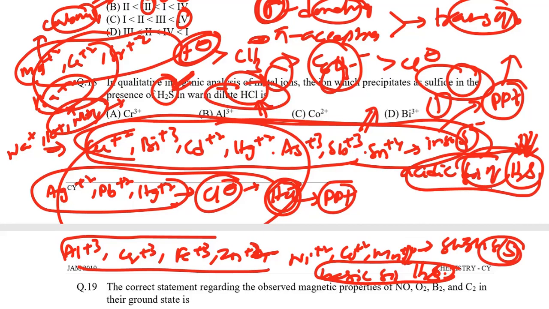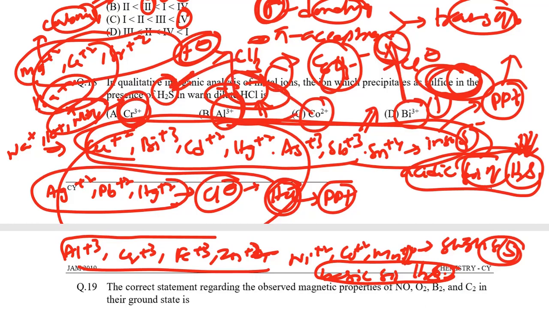So in warm dilute HCl, that means in acidic conditions, bismuth plus 3 can be precipitated as sulfide, whereas cobalt plus 2, aluminum plus 3, and chromium plus 3 can be precipitated in basic solution of H2S. Okay, right, that's why our answer is option D.